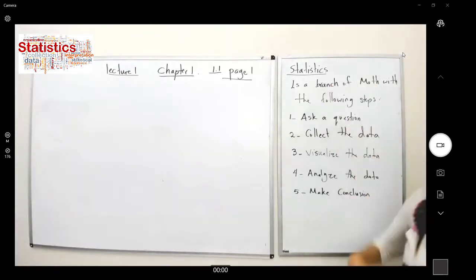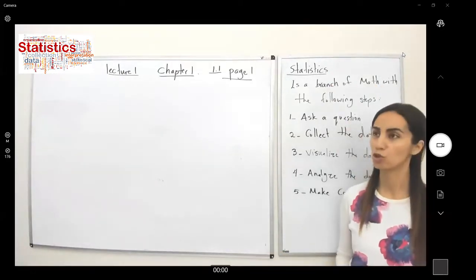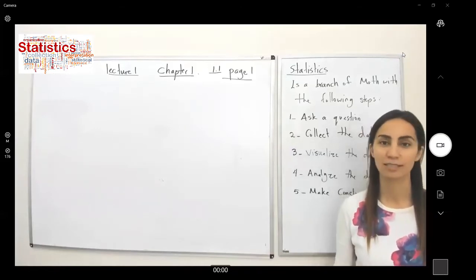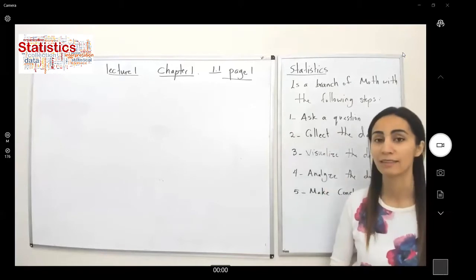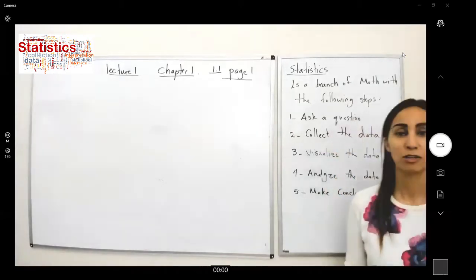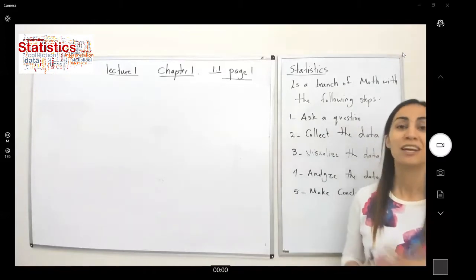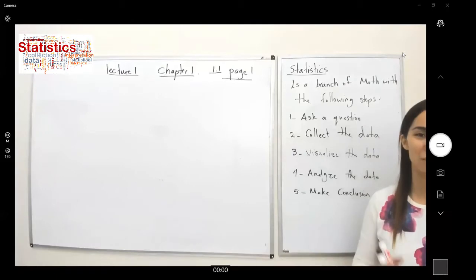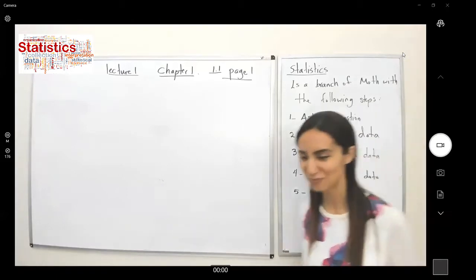That's how we define statistics. So if somebody asks you, what is statistics? You say, hey, it's a branch of math. It includes asking a question, collecting the data, visualizing the data, analyzing them, and finally making conclusions about data.